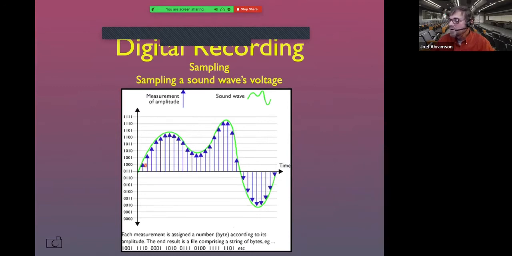And so what we do is we sample the wave. What we're doing is sampling the voltage of the wave at any one moment here. Then we take that sample and represent it as some sort of binary information, where 1 is on and 0 is off.